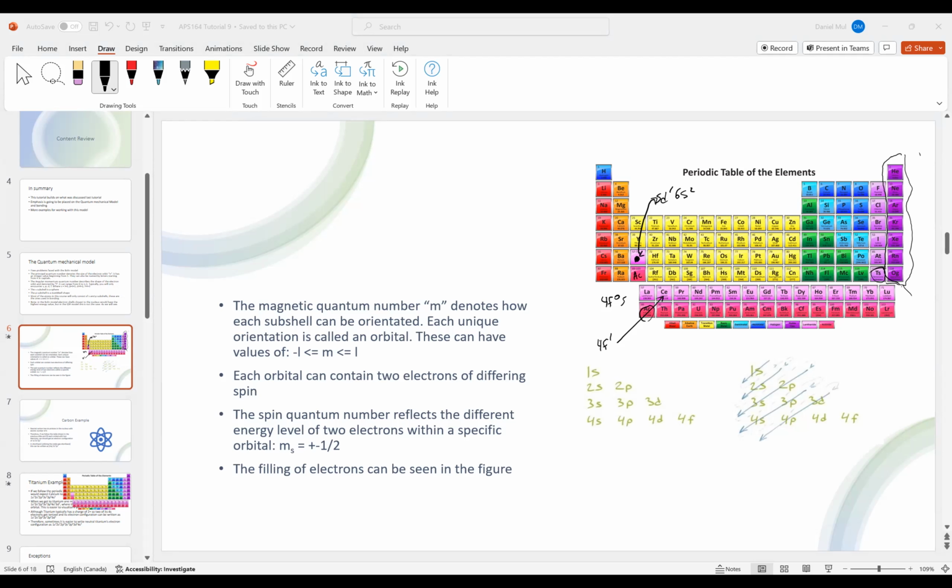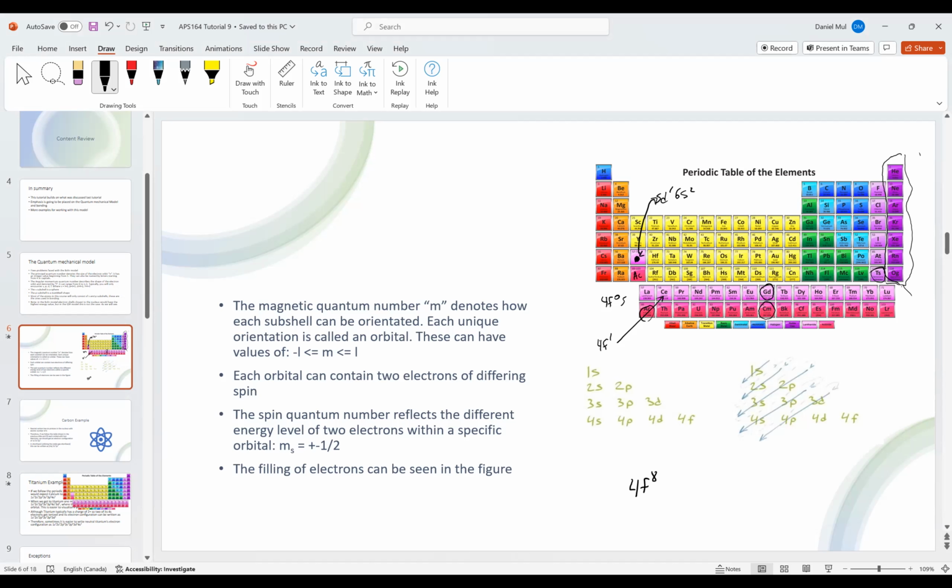Okay, so with the f ones, there's some interesting things. Gd here, not Ga, that's gallium, and this one here are exceptions.